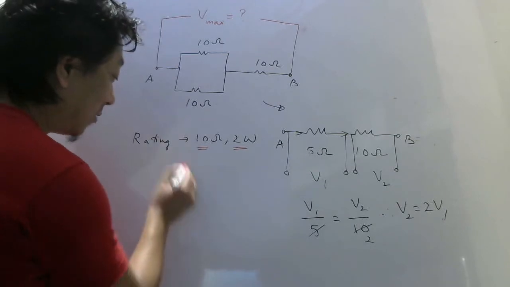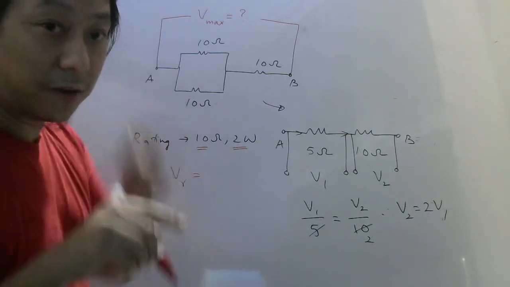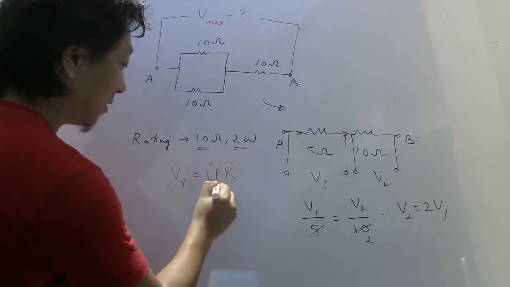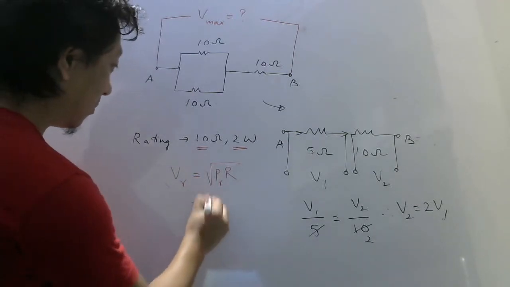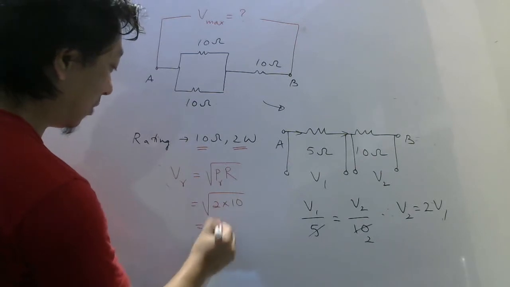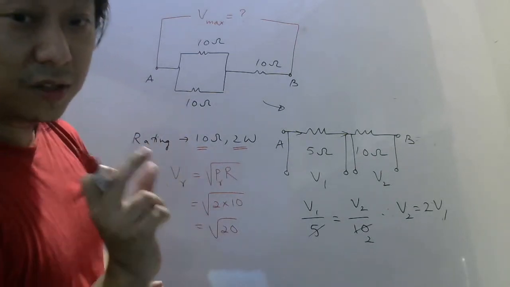So what is the voltage rating? We know the formula P equal to V square by R. So V will be root of power into resistance. This is the power rating. So power rating in the problem was 2, resistance is 10. So root 20. So each one of them should not get more than root 20.